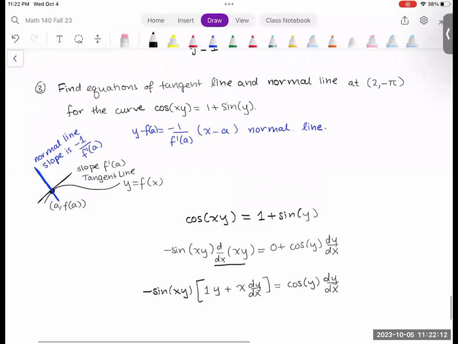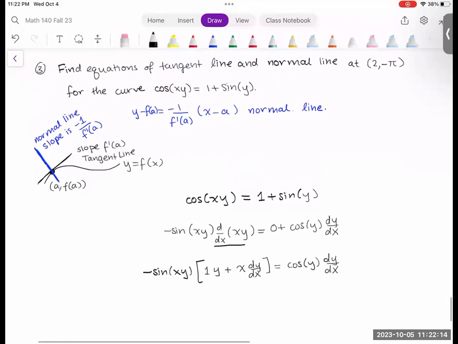We are going to keep our eyes on the prize and think about what we are solving for: our slope dy dx. We have two options. Number one, we could do algebra right away and solve for dy dx as a function.